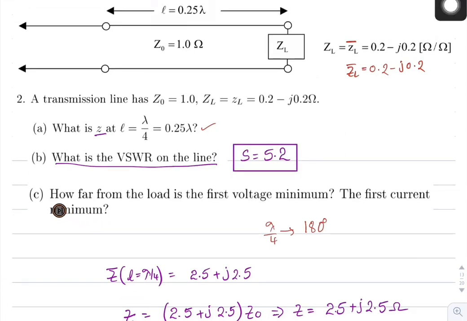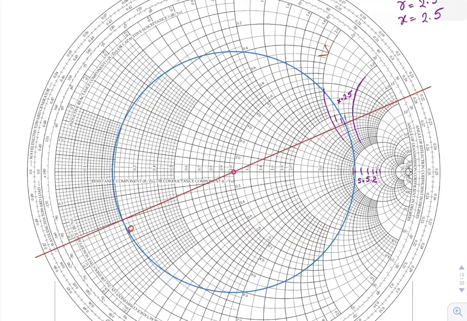The third question is, how far from the load is the first voltage minimum and the first current minimum? On the Smith chart, this point is the load impedance ZL, and you know that this point represents voltage minimum and this point represents voltage maximum.